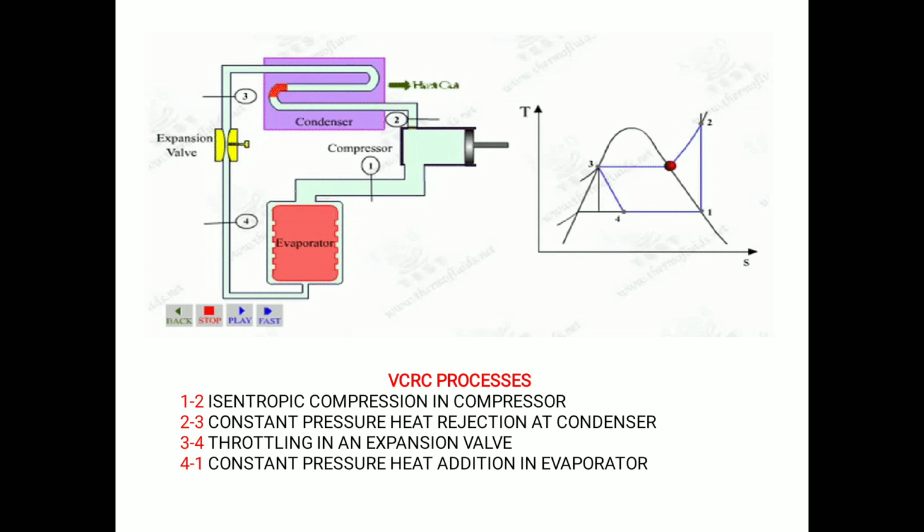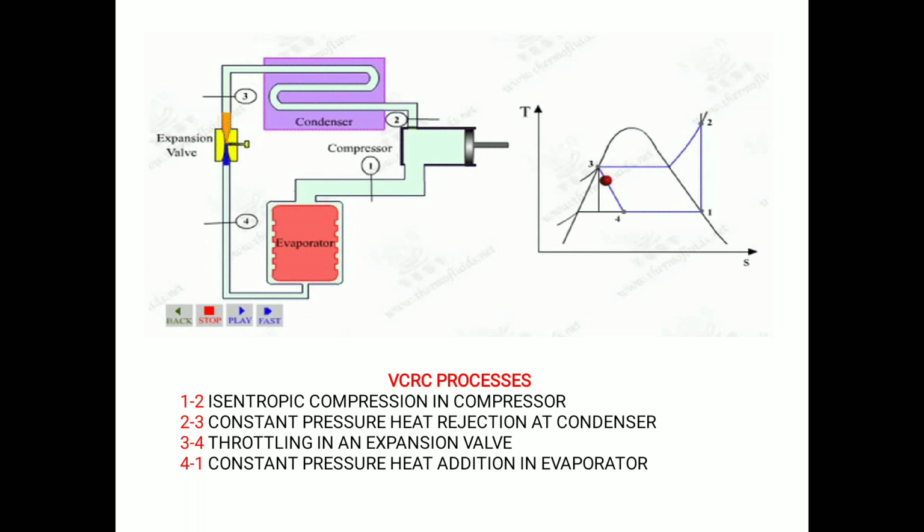First stage, that is process 1 to 2 in compressor. So the refrigerant will first enter into the compressor and it is compressed to higher pressure in the compressor. So the refrigerant is compressed to higher pressure when it comes out from the compressor, and then it will enter into the condenser. So process 2 to 3 will take place here in condenser.